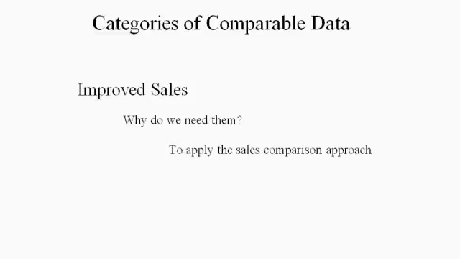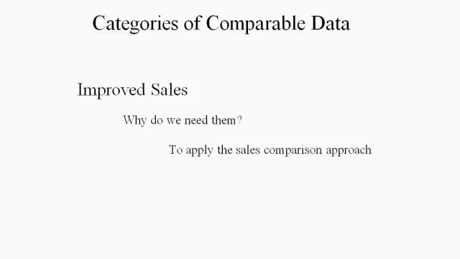The next piece of this is for improved sales. And of course, we would ask again, why do we need that information? And the answer is to apply the sales comparison approach. Again, we haven't studied it yet, and we will in just a couple of weeks. The sales comparison approach essentially is using recent similar sales.